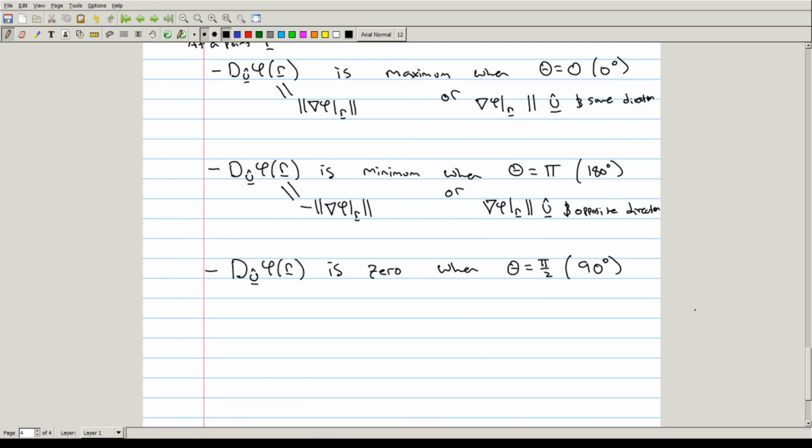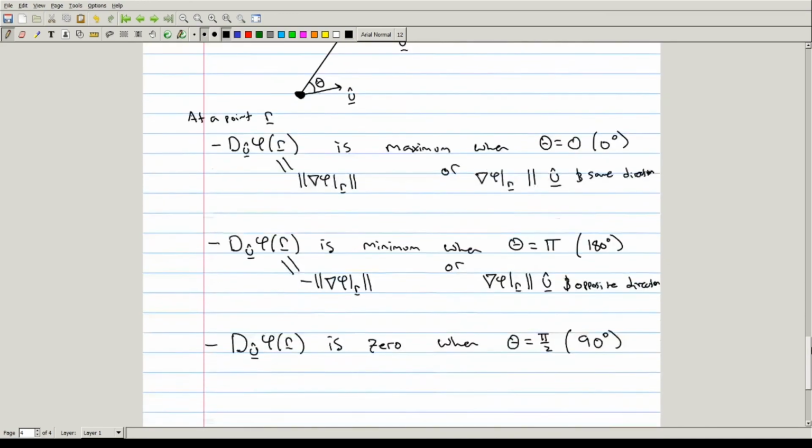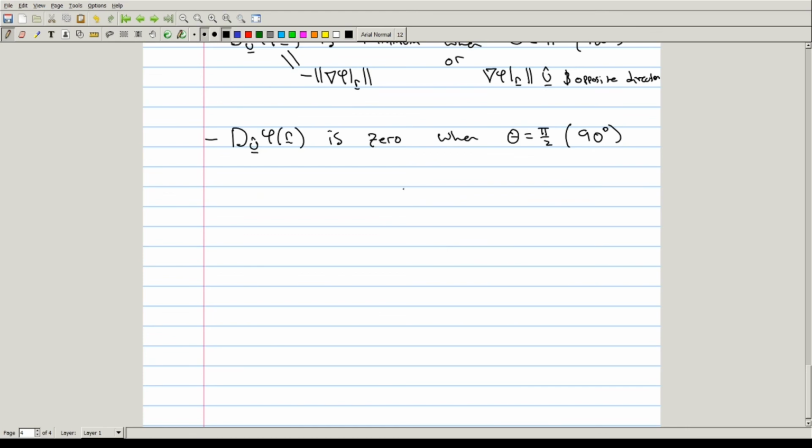So if you look at the directional derivative in the direction perpendicular to the gradient vector, that will always be 0. The result will always be 0. And so it's 0 when theta equals pi over 2, or the gradient vector of the function phi at the point r is perpendicular to the direction vector u hat.